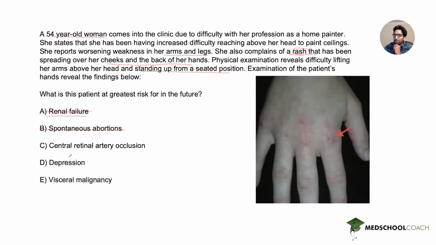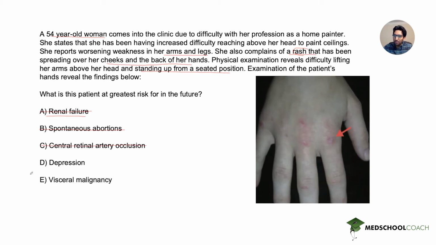However, they can present with proximal muscle weakness, which is somewhat similar to the vignette here, due to the association of giant cell temporal arteritis with polymyalgia rheumatica. Although that's associated with proximal muscle weakness, it doesn't quite fit the picture of a rash, and it's a stretch in this case to go for that answer.